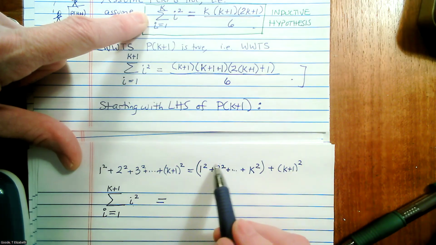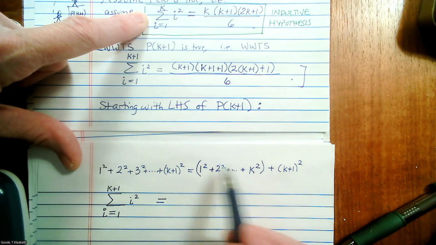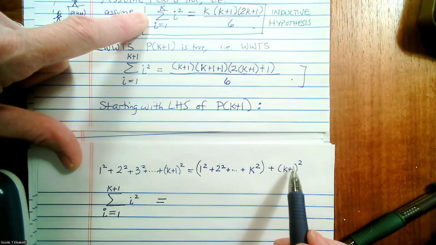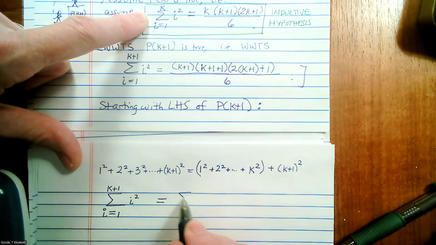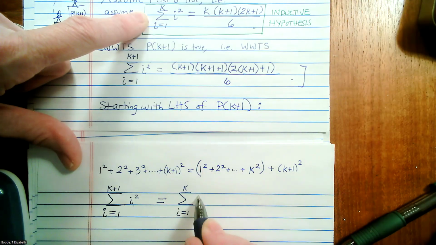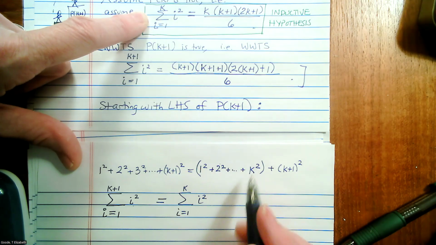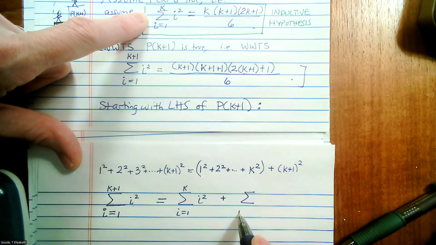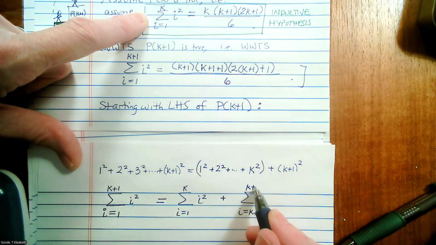Does addition care whether we add these up first and then add K plus 1 squared to it at the end? Doesn't care, right? So this is really the sum from I equals 1 to K of I squared, that's this bit, plus the sum from I equals K plus 1 to K plus 1 of I squared. It's just that broken off last term.